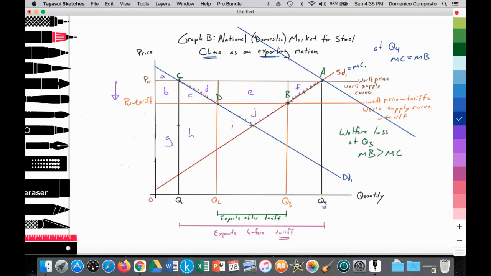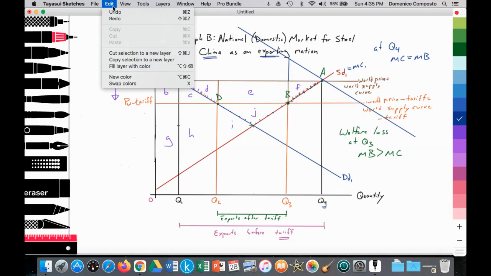So if we were to draw a line from Q3 straight up, this would be the marginal benefit here being greater than the marginal cost at point B. All right, hopefully you can understand that here is marginal benefit for the US demand curve being greater than the supply or the marginal cost of production here. So here's that welfare loss. Here's the triangle that we'd see in the global market for steel.